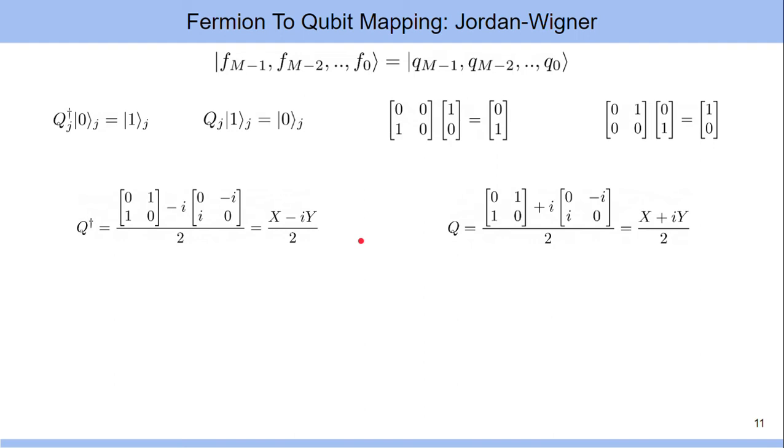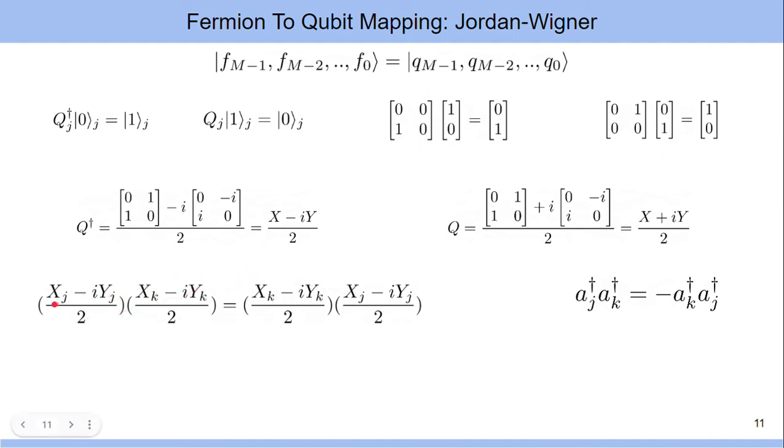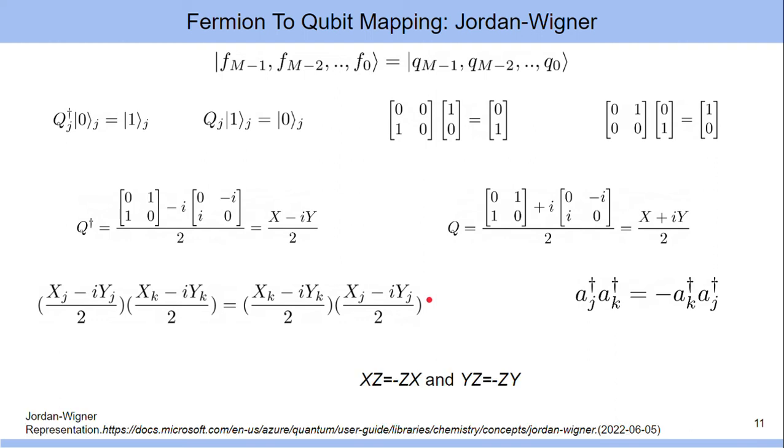and further expanded in terms of the Pauli X and Y gates, which are the gates implemented on a quantum computer. Now, fermionic operators follow anti-commutation, but the qubit creation and annihilation operators do not anti-commute. To solve this, one notes that the Pauli X and Z gates anti-commute, and similarly the Pauli Y and Pauli Z gates anti-commute.